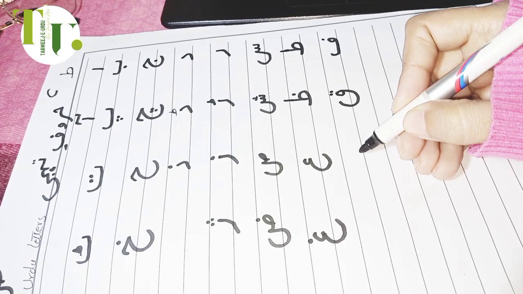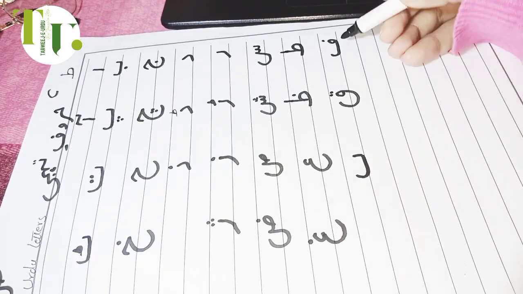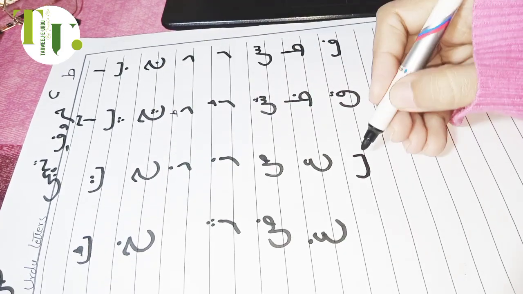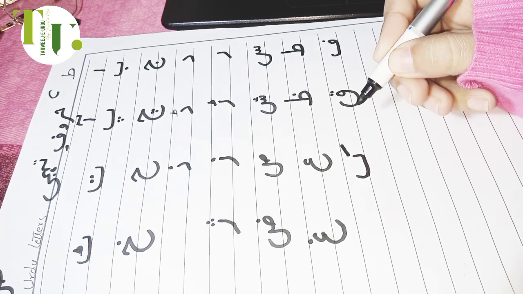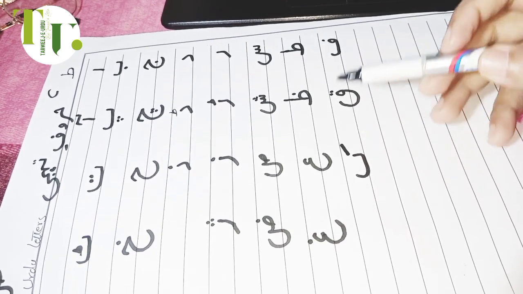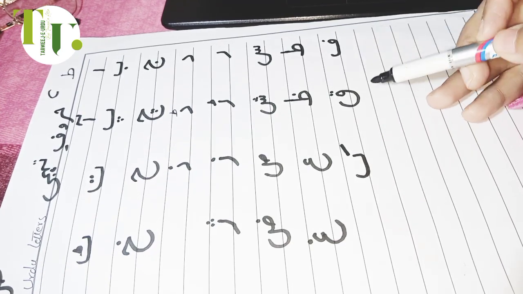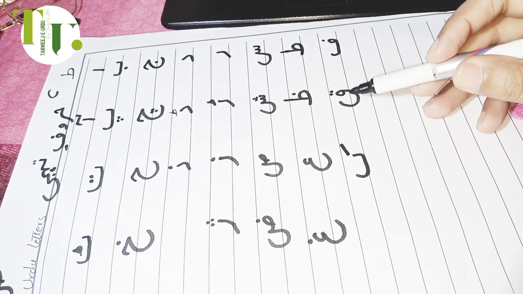Now we have kaf. This one is a light sound, and the shape is again like fe, be, pe. And this kaf has one slanting line at the top of it. You can say dash sign. Fe with one dot, qaf with two dots at the top of the shape, and qaf shape is different.